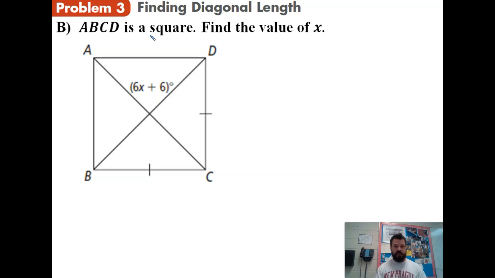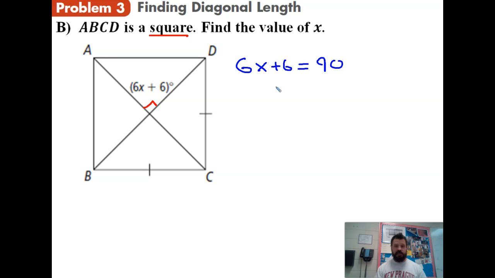Now, if our figure is a square, we know it's also a rhombus. And I know that the diagonals of a rhombus intersect at right angles. So I know that this is going to be a right angle here. So the equation I can set up then is that 6x plus 6 is equal to 90, because again, I know the diagonals of a rhombus are perpendicular to each other.